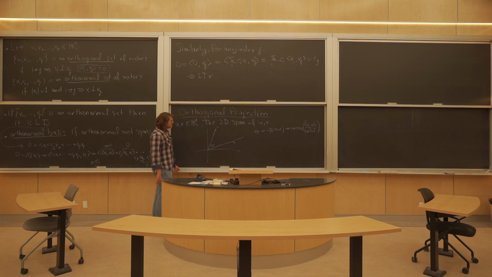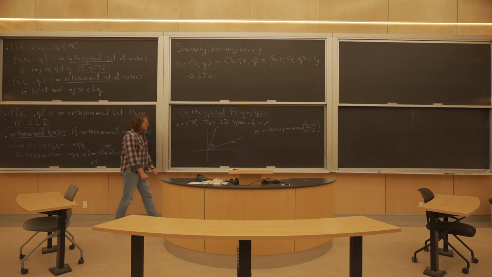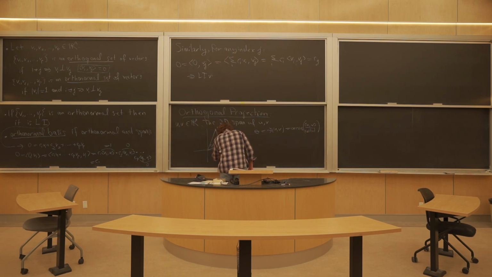So today what I'd like to do is the following. I would like to take v and project it onto the line spanned by u. Okay? That is to say, I want to do basically this. Okay? I want to draw a line from v to the span of u such that this angle right here is 90 degrees. And this point, or this vector, I want to call proj sub u of v.